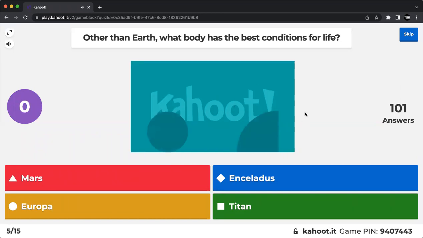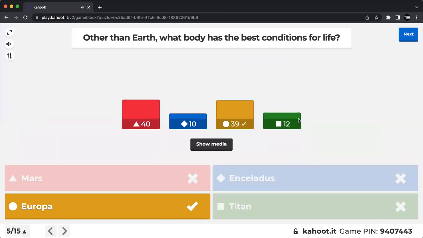Good job, but yeah, it was Europa, which is a moon of Jupiter and has an icy surface, but a giant saltwater ocean.